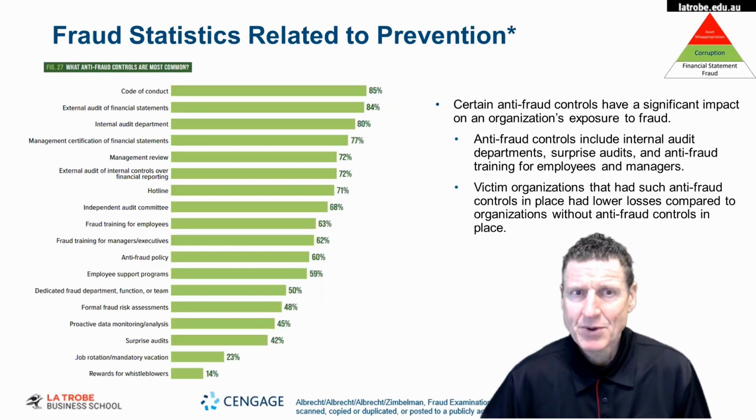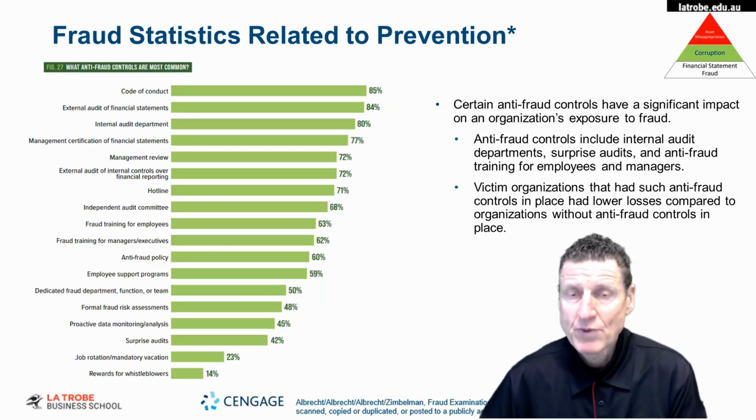Job rotation, less so. If we stay at the 75th percentile or higher, then it's a code of conduct, an external audit, an internal audit department, and management certification of financial statements. These are things that companies have in place, according to the Report to the Nations.